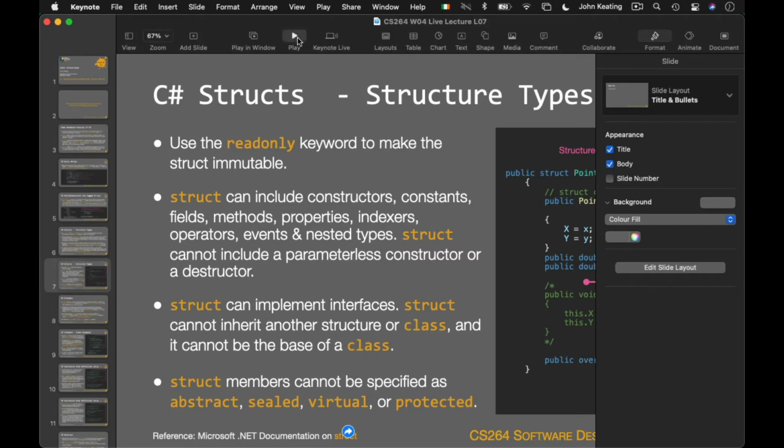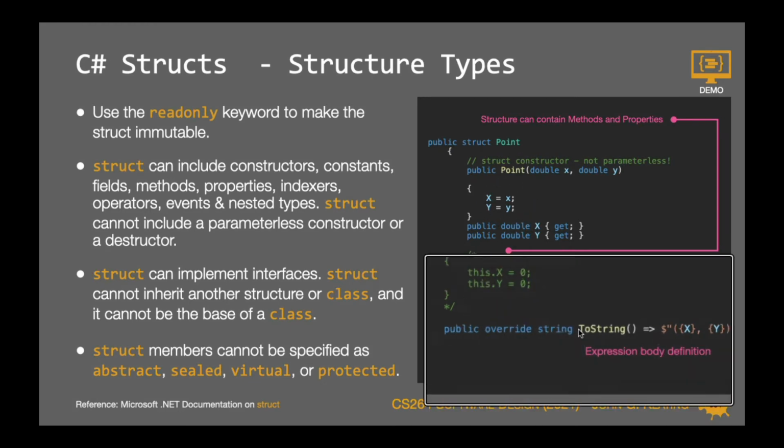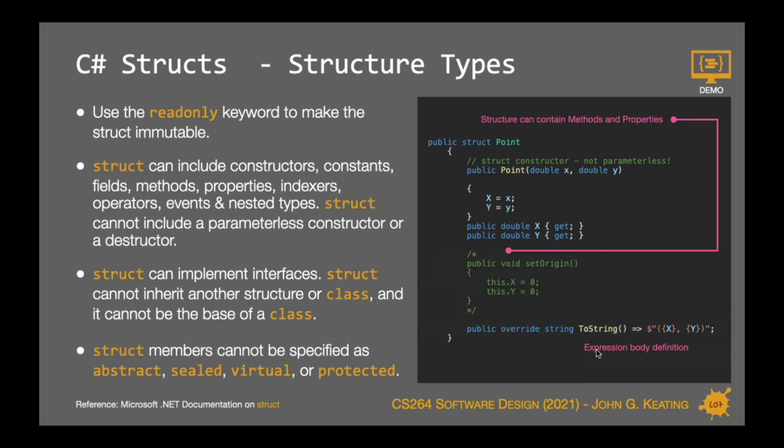We might run some of those again in a few minutes. It's really useful. You'll notice here that I have this expression body definition. I'm creating this toString method, and I'm overriding the method that would normally be associated with a struct or an object, because everything is inherited from object anyway.